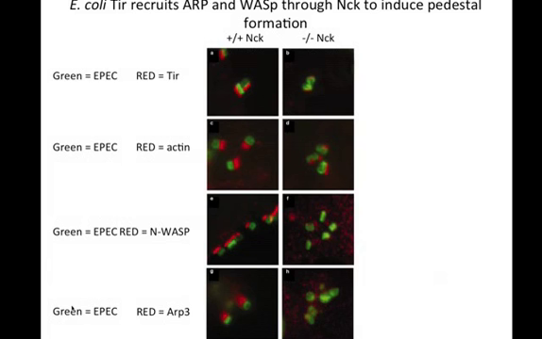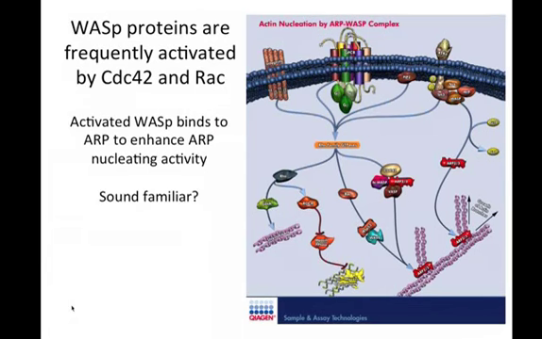So in the presence of NCK, the E. coli was recruiting WASP and ARP. And then in the absence of NCK, it wasn't. And so if you go back here, let's see if we can find NCK. There's NCK. So here's an RTK, and NCK binds here and binds to WASP, which activates ARP, which activates actin polymerization. And so that's what was going on.